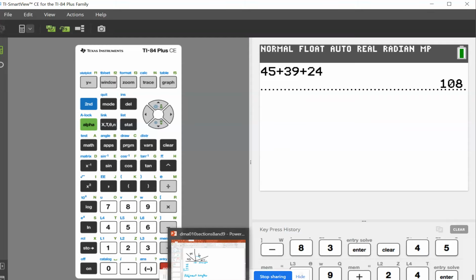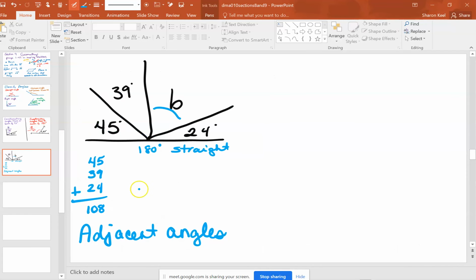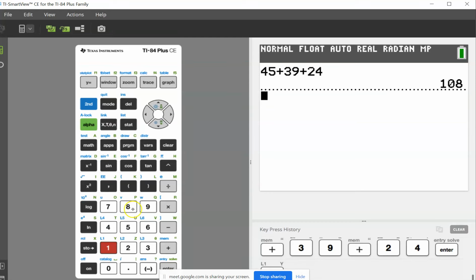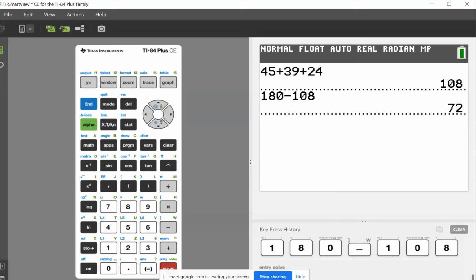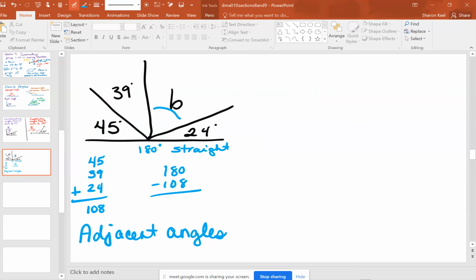That gives us 108. If I know it's a straight line, I'm going to subtract 108 from 180, and that's going to tell me that angle B is 72 degrees. So I can find that measurement by knowing that.